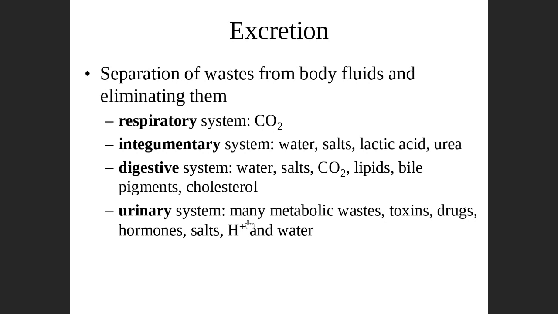But that we consider undigested waste, and that's not what we're talking about. Undigested waste is only found in the GI tract, but metabolic waste is found throughout our body, and then the kidney of the urinary system eliminates that. Toxins, drugs, and also hormones, definitely a target for a lot of hormones. Hormones can be excreted, and then salt and water.